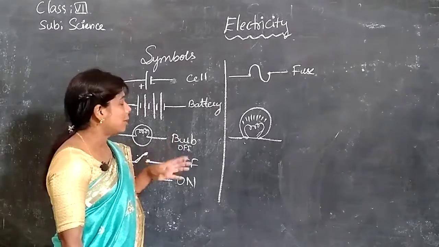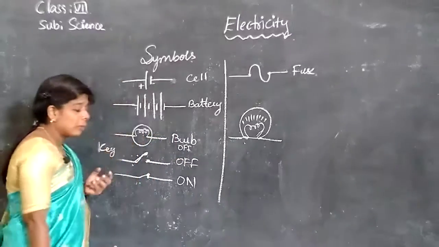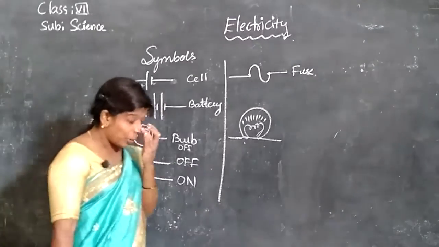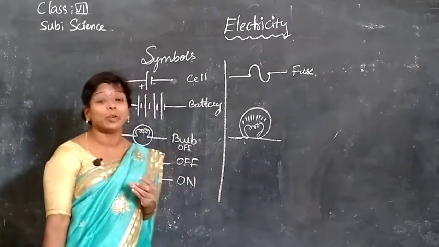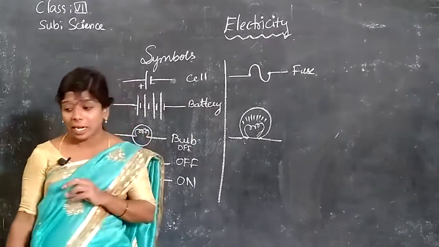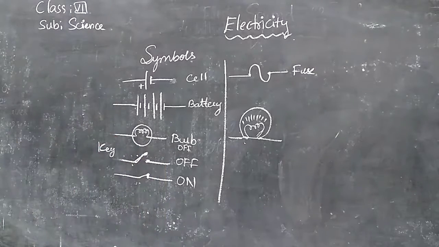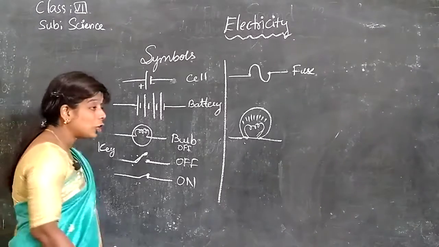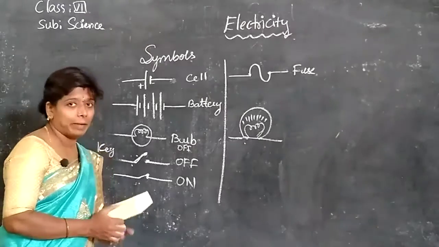So these are the symbols, and we still have the ammeter, galvanometer, resistor. In further classes we are going to learn resistor, rheostat, galvanometer, voltmeter; like that we have many.